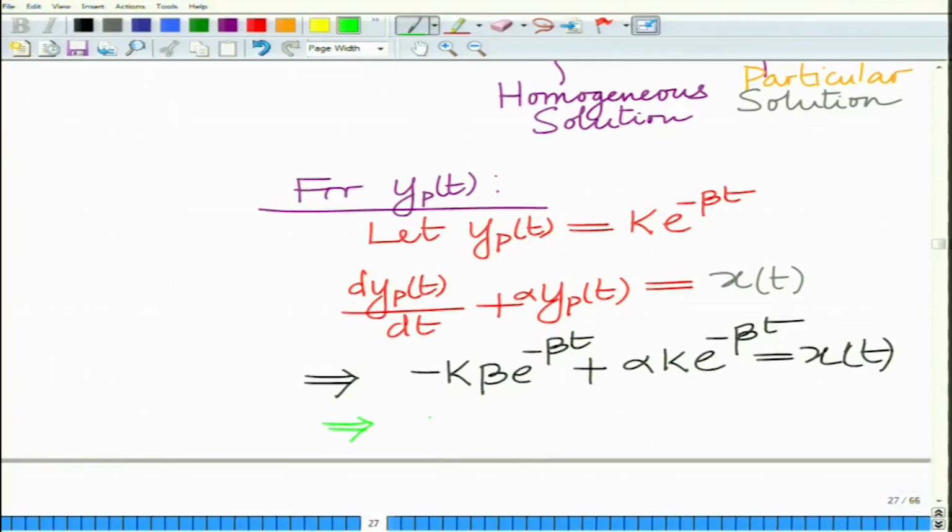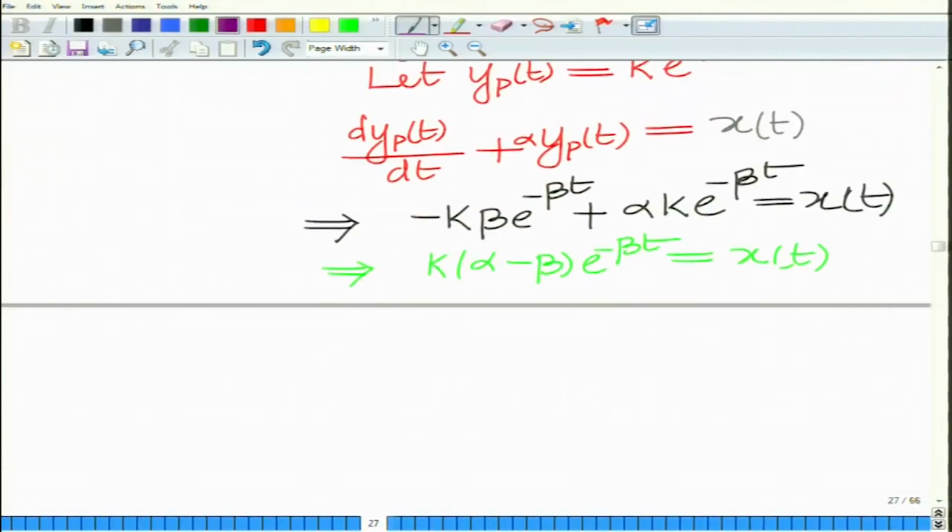This implies that k times (alpha minus beta) e raised to minus beta t equals x(t). I am sorry, the input is given as c e raised to minus beta t.